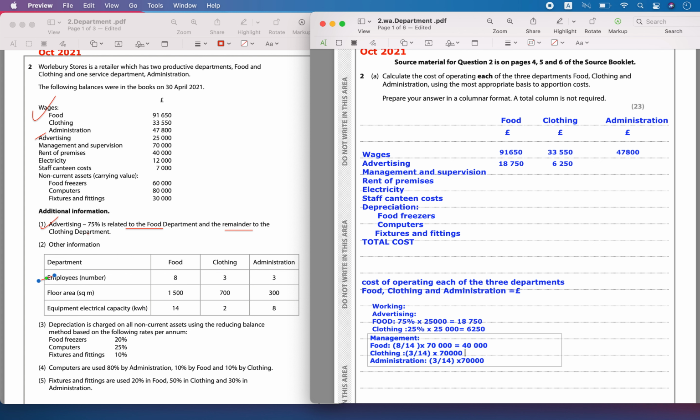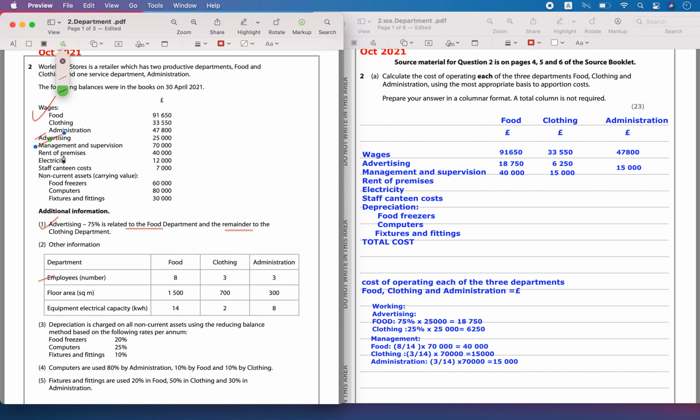Then 3 out of 14 of 70,000 is equal to 15,000, and this also is 15,000. So now let's write it here: the management salaries are apportioned as 40,000, 15,000 and 15,000.